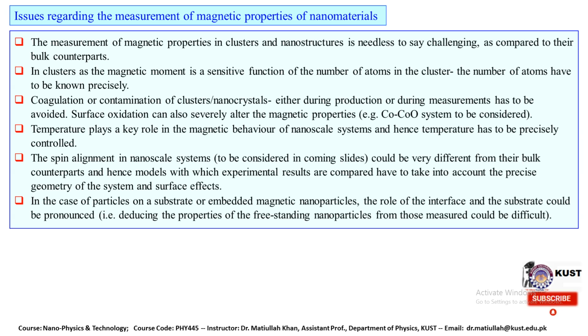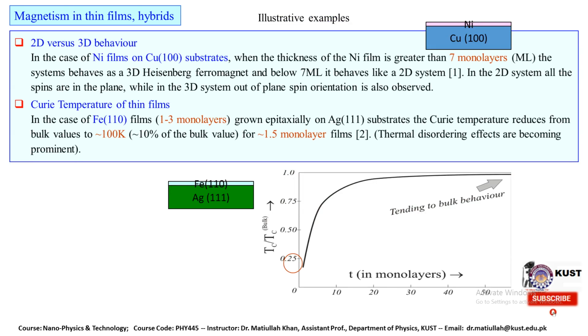Spin alignment in nanoscale systems could be very different from their bulk counterpart, and hence the models with which experimental results are compared differ. In the case of a particle embedded in a substrate, the role of the interface with the substrate could be pronounced. These are some of the problems we face when measuring magnetic properties of nanomaterials.